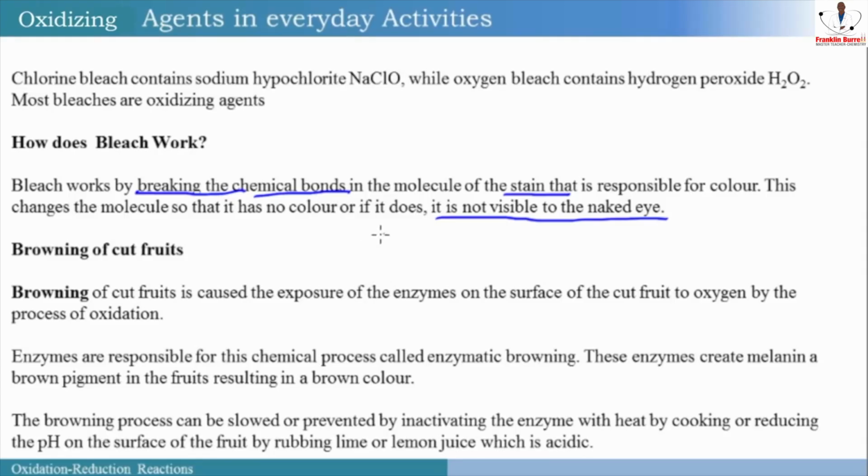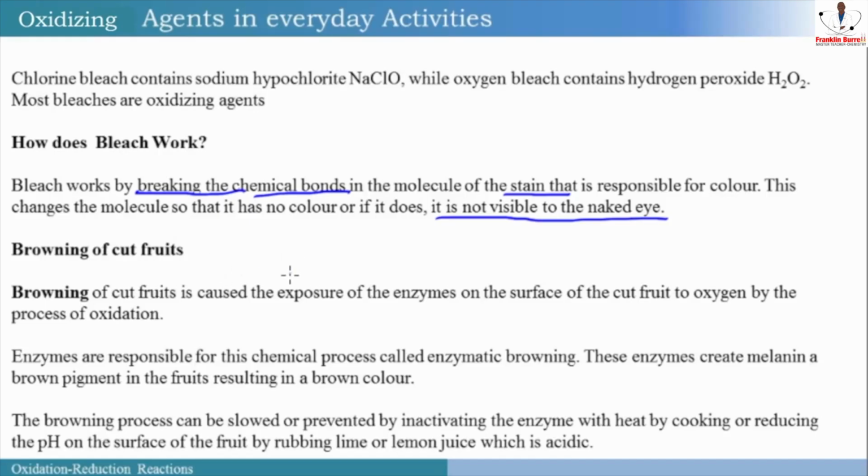For now, let's talk about oxidation, because the bleach is really oxidizing the substance. And the browning of cut fruits is also oxidation. But try and remember this: whatever is oxidized is the reducing agent. We'll get to the definitions later on, but for now, just remember that whatever is oxidized is the reducing agent.